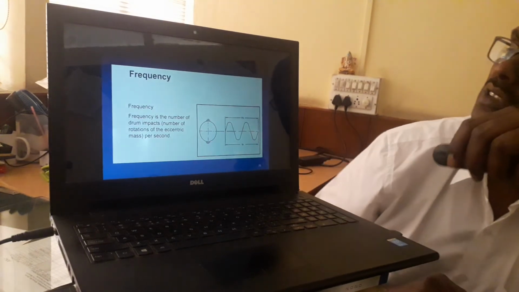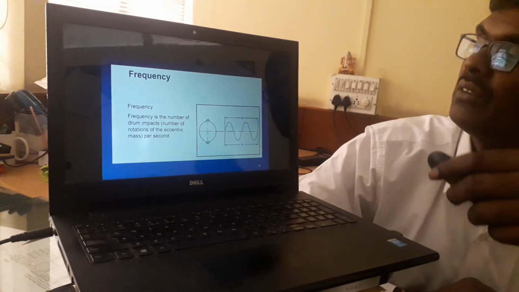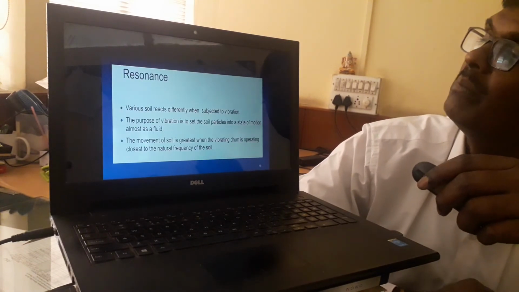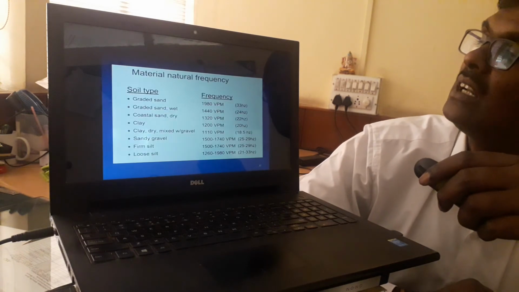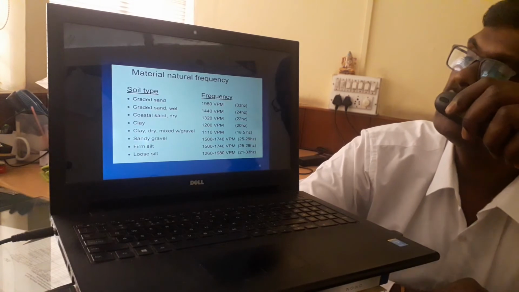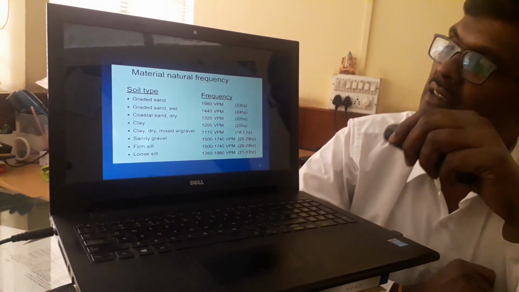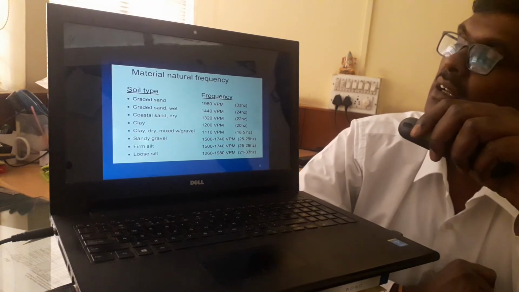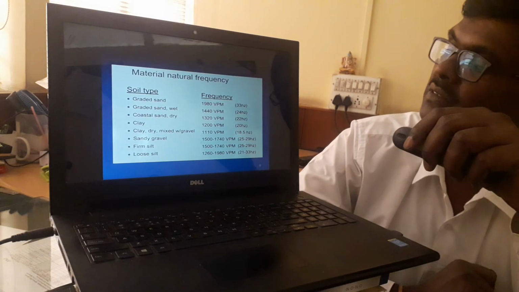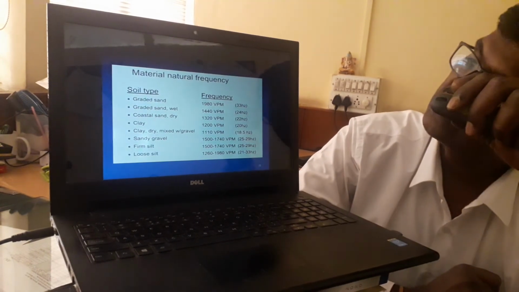So the frequency is the number of drum impacts of this eccentric mass per second or per minute. It is said that each material has its own natural resonance frequency. If the material is compacted at its natural frequency, we get the highest density.